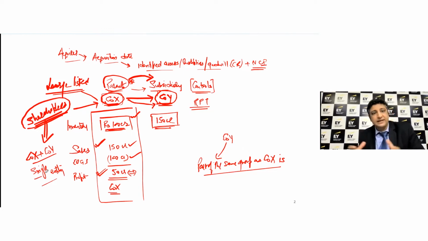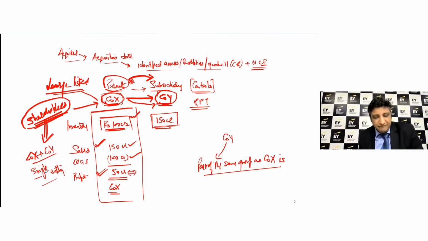Because end of the day, it's their company, right? These both companies, X and Y, are the companies of the shareholder itself. It's the shareholder's money, which is invested in company X, which eventually is also invested in company Y.